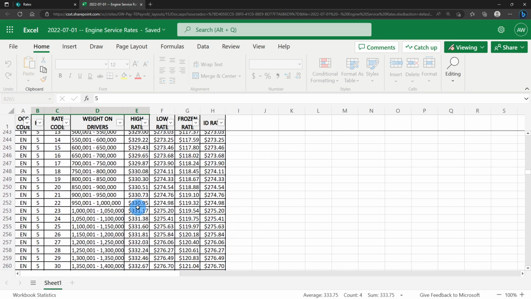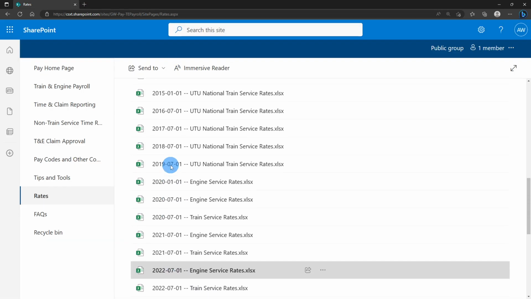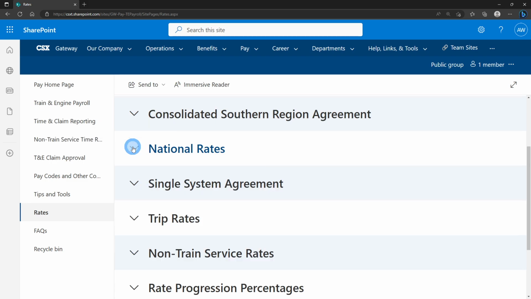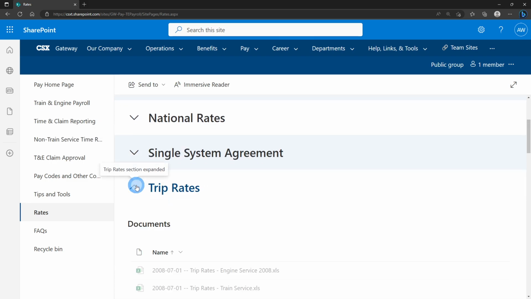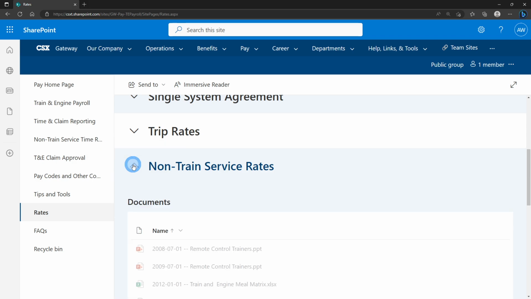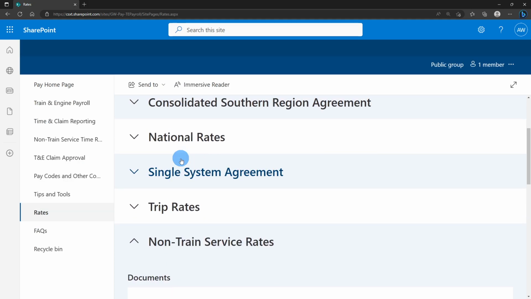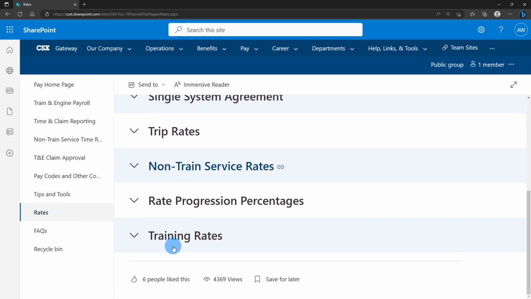So the pay does go up depending on how many axles are on a locomotive engineer. And that's how you find your rate codes in there. Again, your trip rate agreements are all based in here, and your meal matrix are in the non-trip rate. Where to find the current ones.